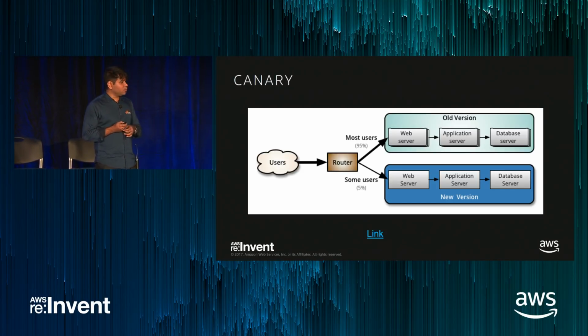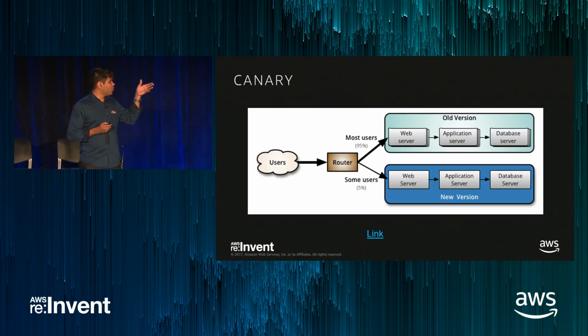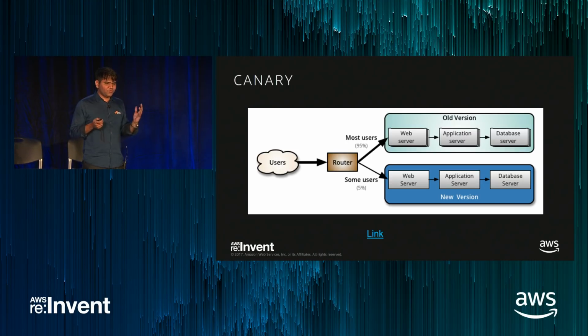Or you could base your approach on canary principles, where you have a new version, and rather than switching over all the traffic to that new version of your application, you switch 1% of users, then 2%, then 3%, and so on. So these techniques you are going to follow in the multi-region world as well, right?